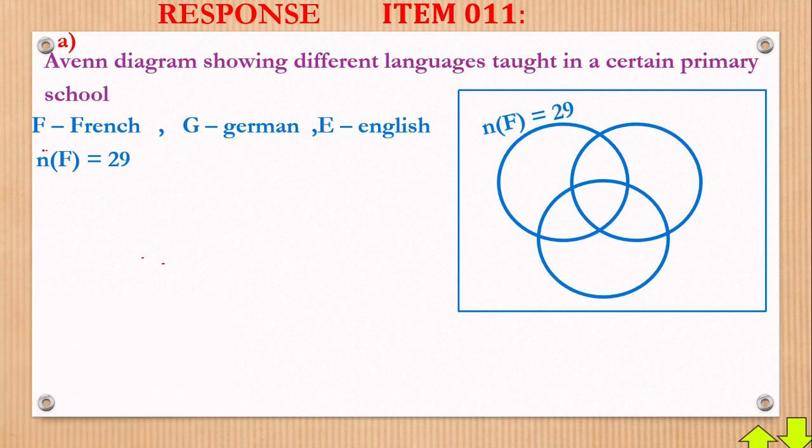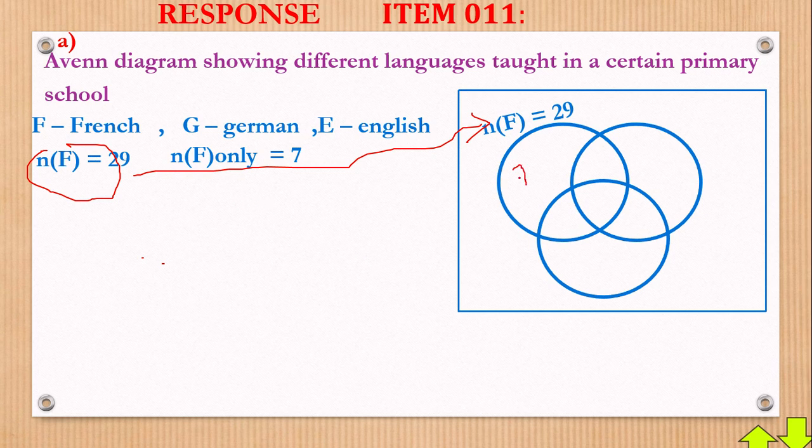So the number in French is 29, and we have it right there. Next, number in F only, those who speak French only, there were 7, so that will appear around here from our set language. That will be our 7 right there.